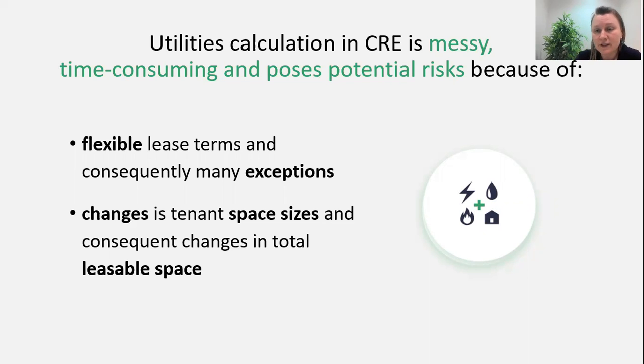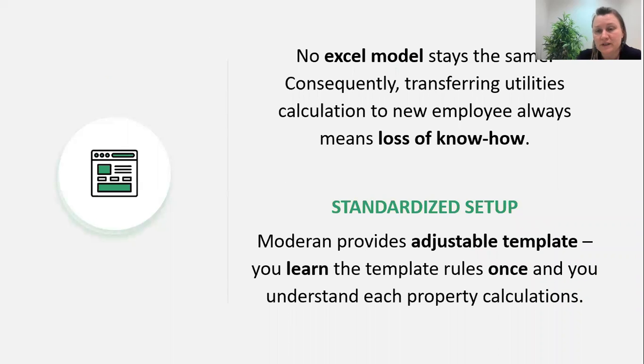So I will touch on 4 topics that help you make the utility calculation more automated and gain speed and transparency. So the first aspect is that when we've looked at all the different utility calculation Excel models, which they very often are, we're seeing that no Excel model is the same as another.